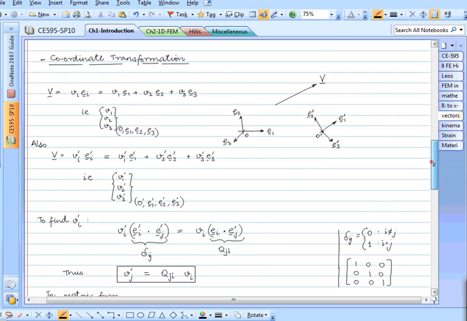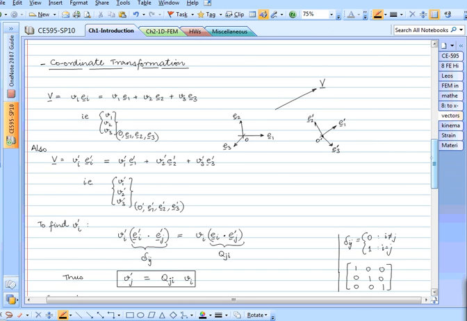So that concept is coordinate transformation, and hopefully you are all familiar with this, perhaps not in this particular way, but what I'm trying to do here is, let's say I have this vector v. I have one set of coordinate axes e1, e2, e3, and I have another set of coordinate axes e with a prime there, right? So how do I convert from one set of coordinate axes to components in another set of coordinate axes?